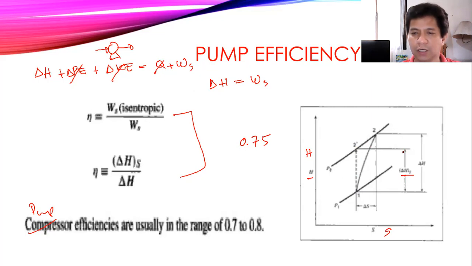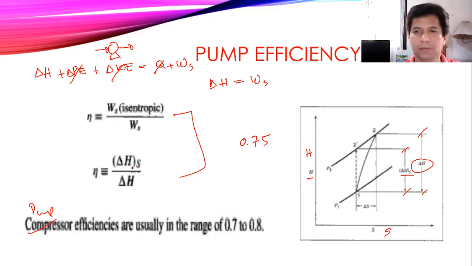And then in reality, the entropy increases. So when the entropy increases, this is the actual delta H. So the actual delta H, as you can see, is much bigger than the ideal delta H or the isentropic delta H. So that's why we calculate the efficiency as delta HS divided by delta H.